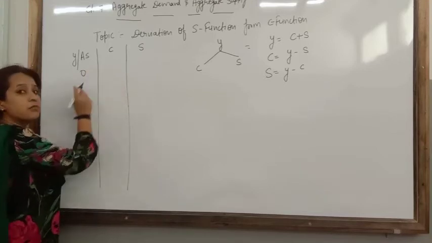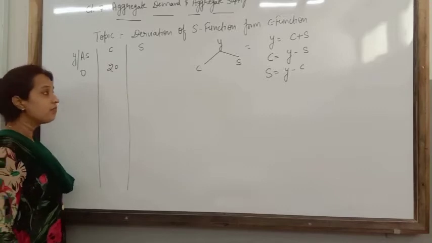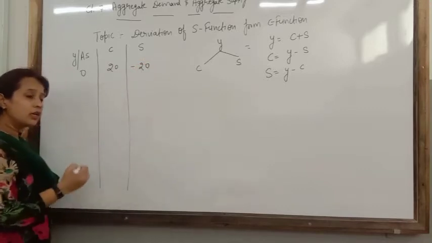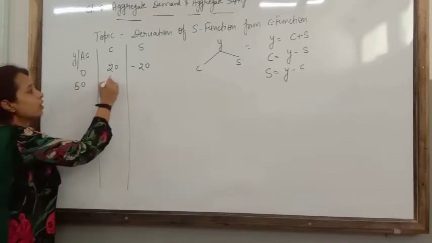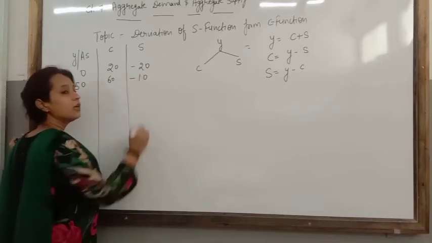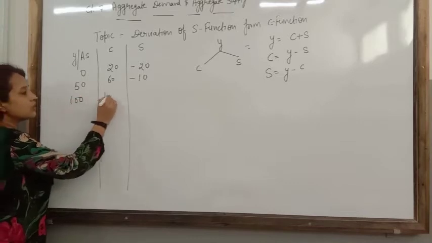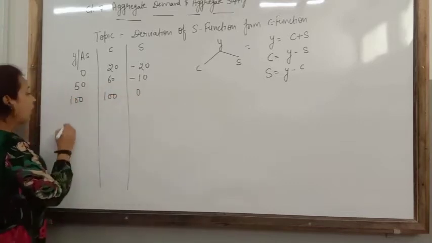So now first of all, suppose our income is 0. There will be the minimum level of consumption, that is 20. Then saving will be minus 20. Clear? When your income increases, definitely your consumption will also increase. Suppose it is 60, how much saving will there be? Negative saving. If your income is still increasing, your consumption will also increase and your saving will be 0.